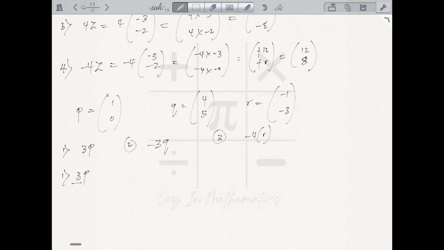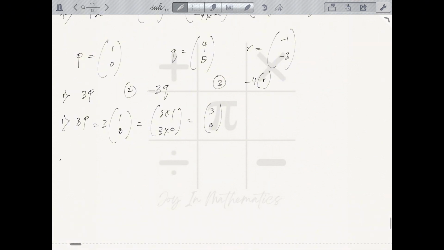Let's simplify 3P now. 3 is a scalar, P is the vector. That brings us to scalar multiplication, where we multiply 3 by the vector P, which is 1 0. So this is 3 multiplied by 1 and 3 multiplied by 0, and we have 3 0. Similarly, minus 3Q.